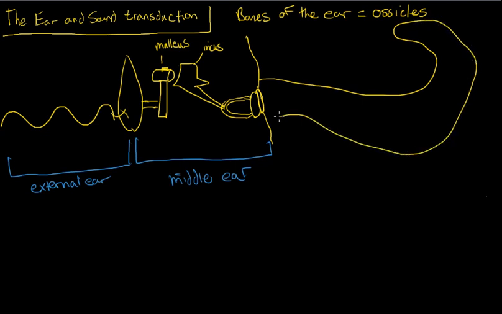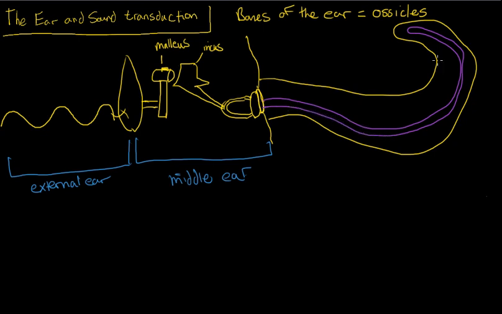Come back around. And this would normally be wrapped up, rolled up nice and tight, like a snail shell or a seashell. Like I said, I'm drawing it unraveled like your book does because it's easier to see that way.